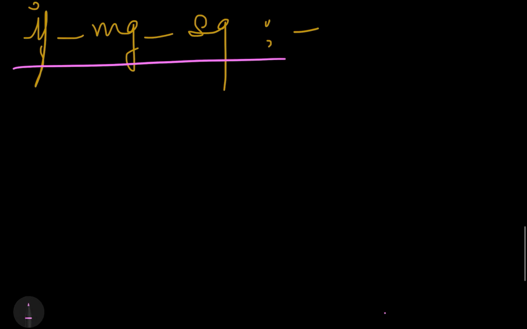What we have learned is that isMagicSquare will contain six checks. The first check was whether the center is 5 or not.